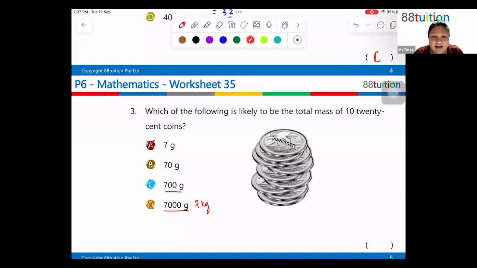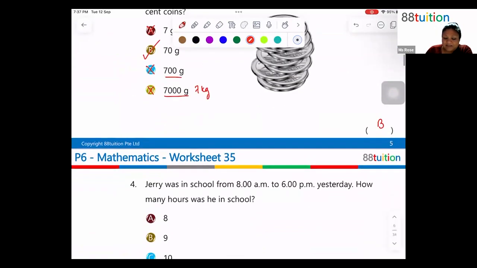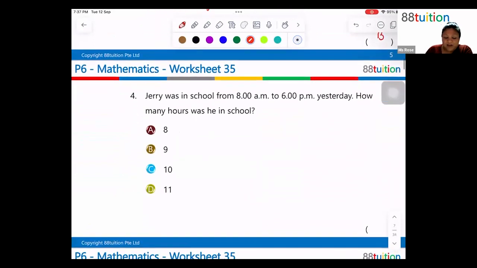Then you go running around in school, walking everywhere. Heavy, right? So it cannot be 700 grams. That's the only possible answer, which is 70 grams. And that's just an example of how heavy 700 grams is, my illustration.